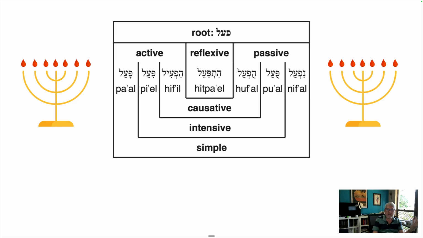So on the left hand side of the menorah we have active, on the right hand side we have passive, so this is tying into our discussion of voice, and the candle in the middle is reflexive, or in English terms, middle, and it's in the middle, so that kind of makes sense. Okay, and then we've got simple, intensive, and causative. And there's both an active and a passive form of each of those.